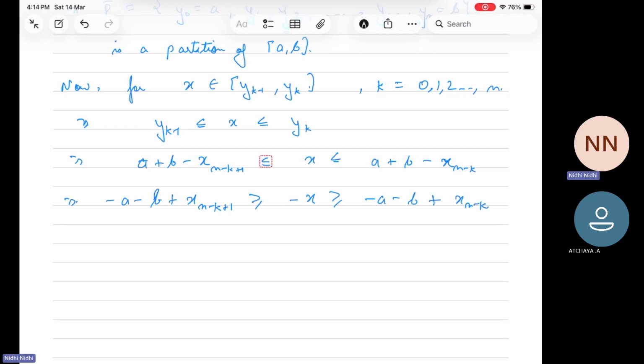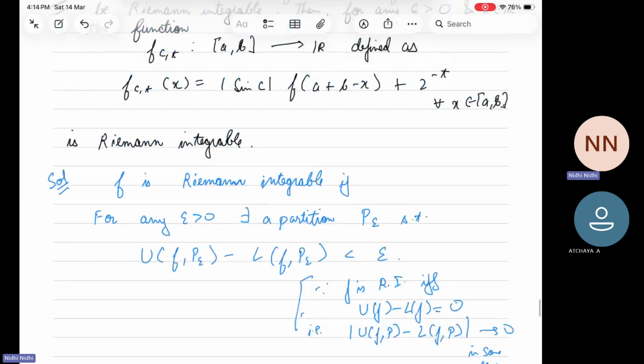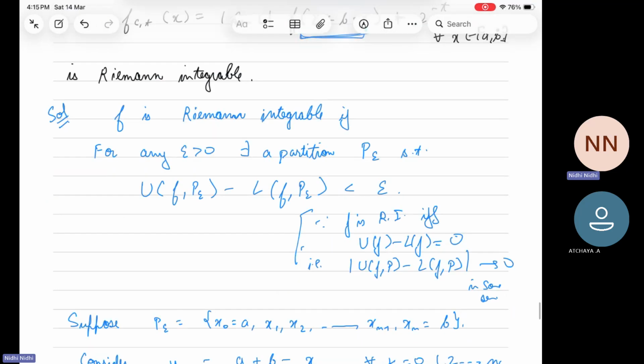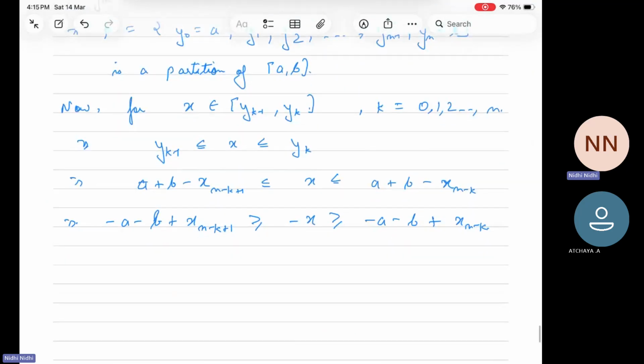So why are we actually doing it? Because in the definition of this f_CT, we need to find the value of f at a + b − x. So we need to see what happens to f of a + b − x when x belongs to these subintervals. So now that means x_{n−k+1} ≥ a + b − x ≥ x_{n−k}.